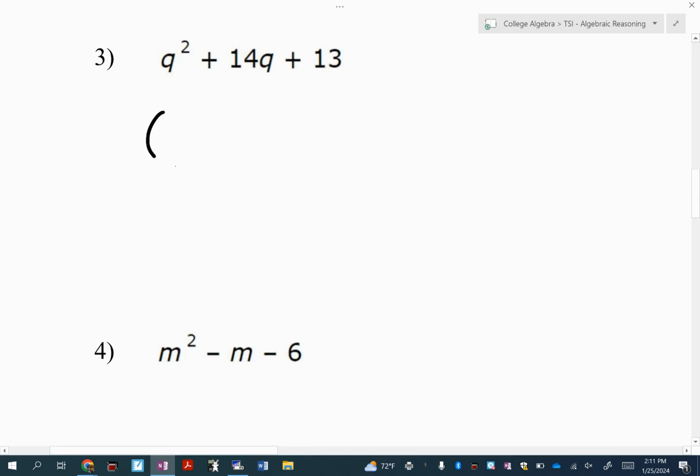All right, I got q squared plus 14q plus 13. Can anyone give us the statement that has to be true for these two numbers? Donovan? Yes, Donovan. So you said 13, so positive 13 and negative 1.